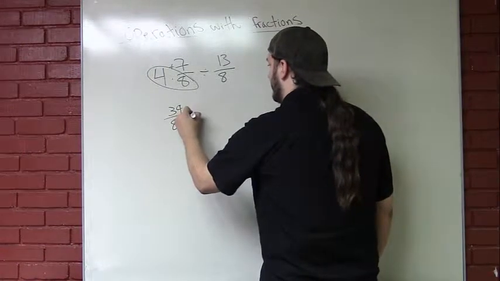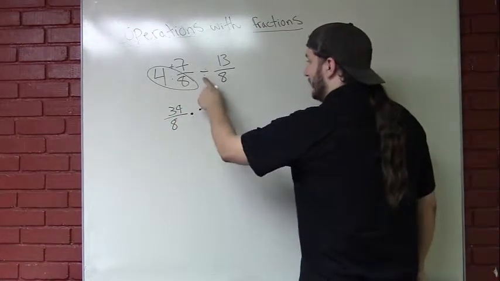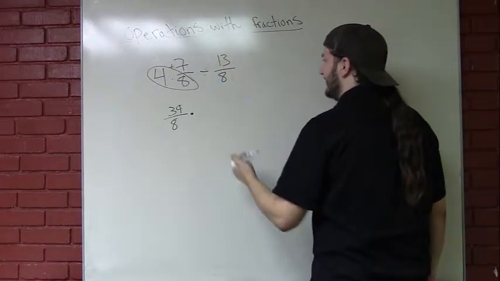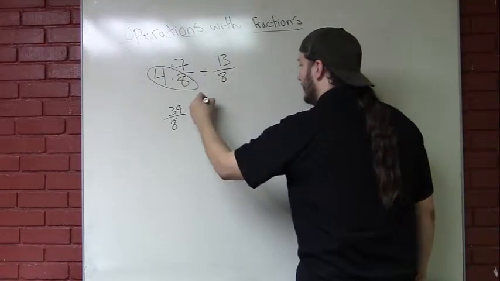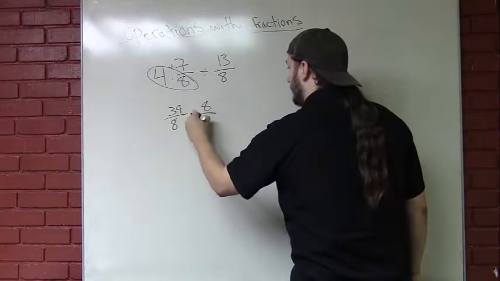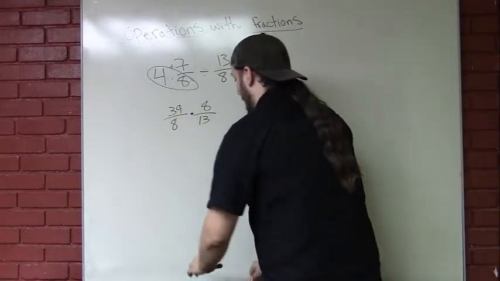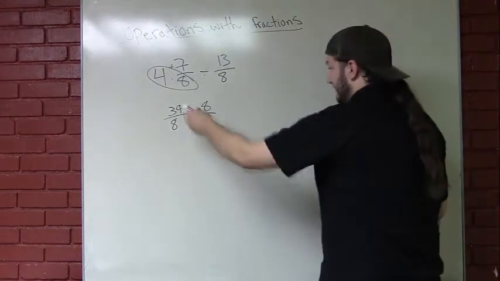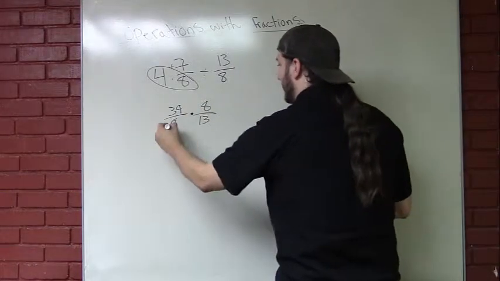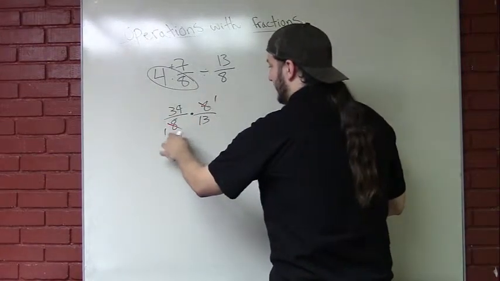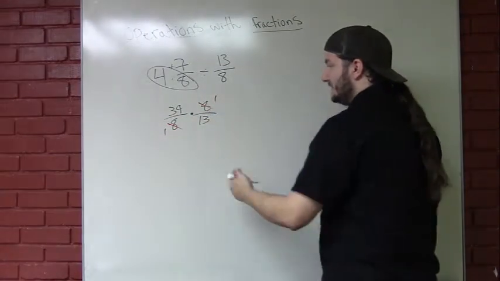Now again, remember, you're going to make this a multiplication, and you're just going to flip the second fraction. So instead of 13 over 8, you have 8 over 13. Now, check the diagonals, okay? This one's nice because 8 goes into 8 once, 8 goes into 8 once.